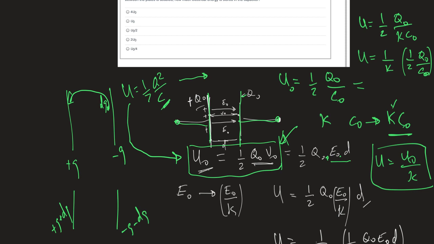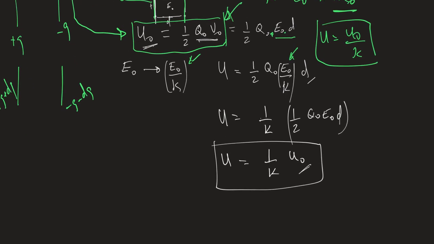The electric field changes by a factor of K. So if you introduce the change E0 divided by K, you will see that the new potential energy stored in the capacitor with the dielectric inserted is a fraction of the old stored energy without the dielectric.